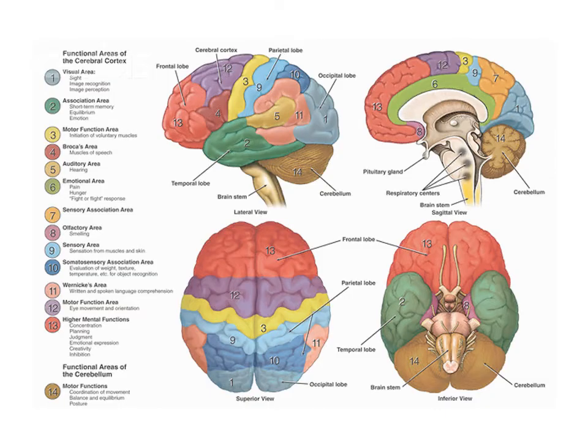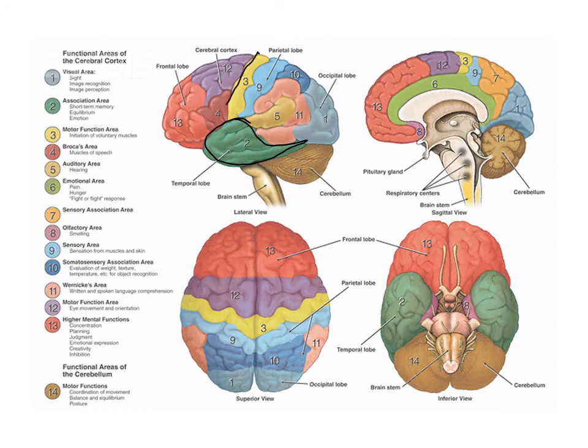And here are other pictures which will tell you what they do, because you always want to know what part of the brain does what. You can see that the occipital lobe is responsible for sight. So that's very important. It's for sight, for image recognition. And the temporal lobe is responsible for short-term memory, for emotions, and for equilibrium.